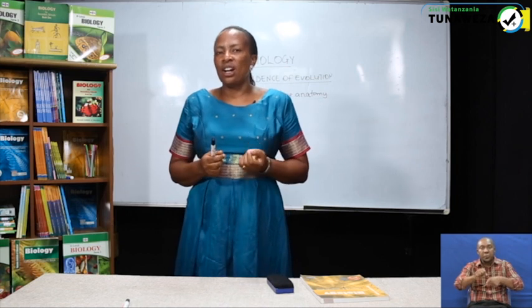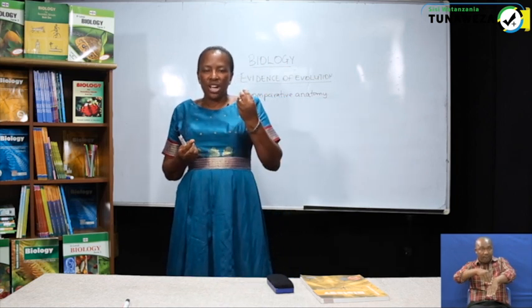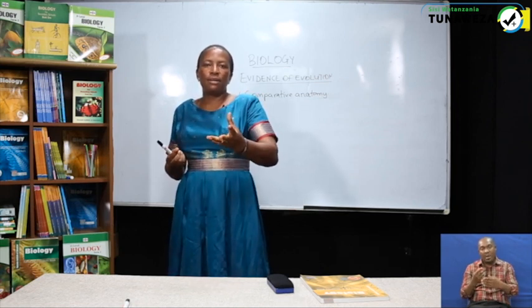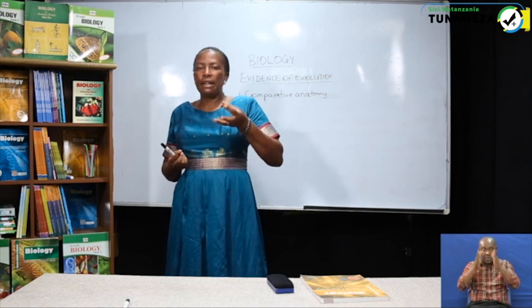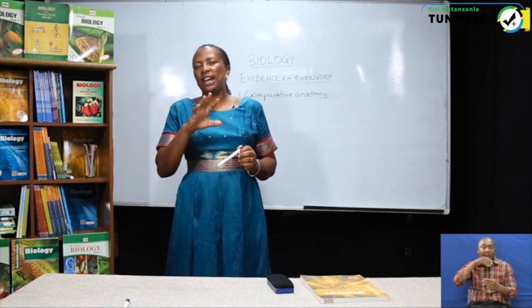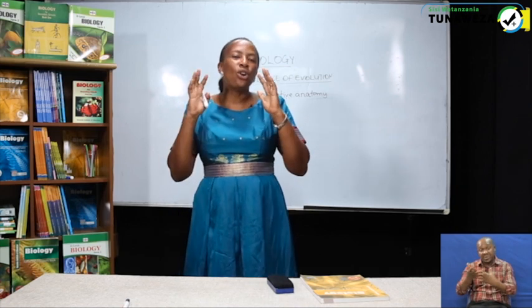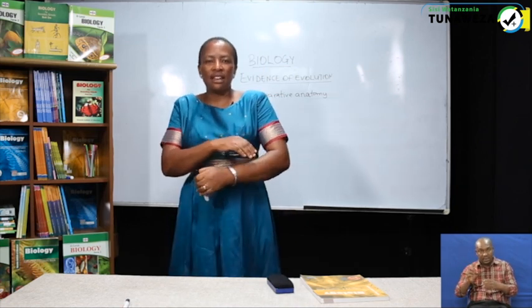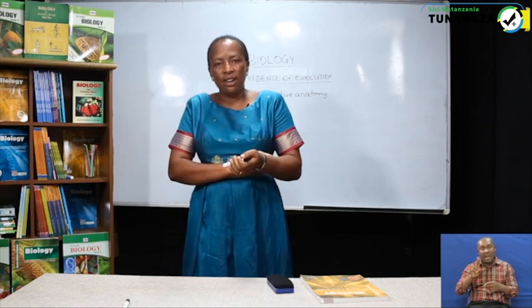The structure of these bones, which form the forelimb of goat, forelimb of hen, forelimb of human being, looks alike. They have humerus, they have radius, they have ulna.